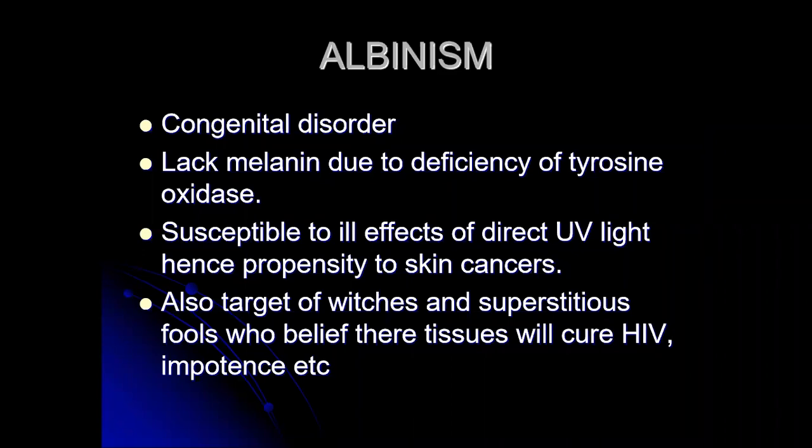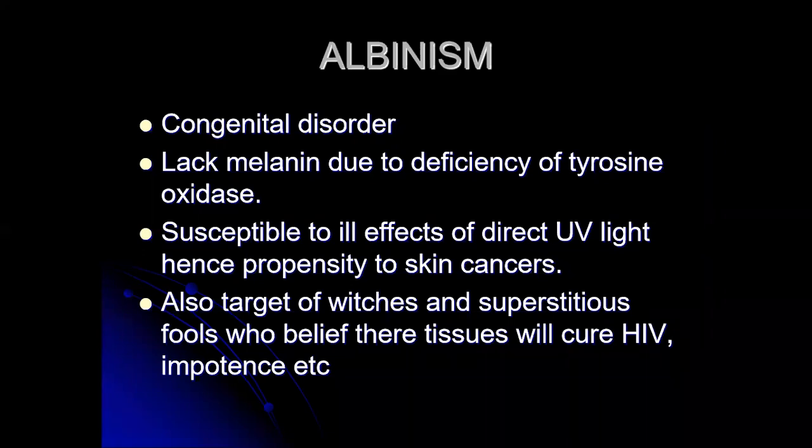And some of us, we have relatives or even our own siblings who are hypopigmented. This condition, most of the time, is due to a lack of melanin due to a deficiency of the enzyme tyrosinase or tyrosine oxidase. And remember that the conversion of tyrosine to dihydroxyphenylalanine by tyrosine oxidase results in the melanin production.